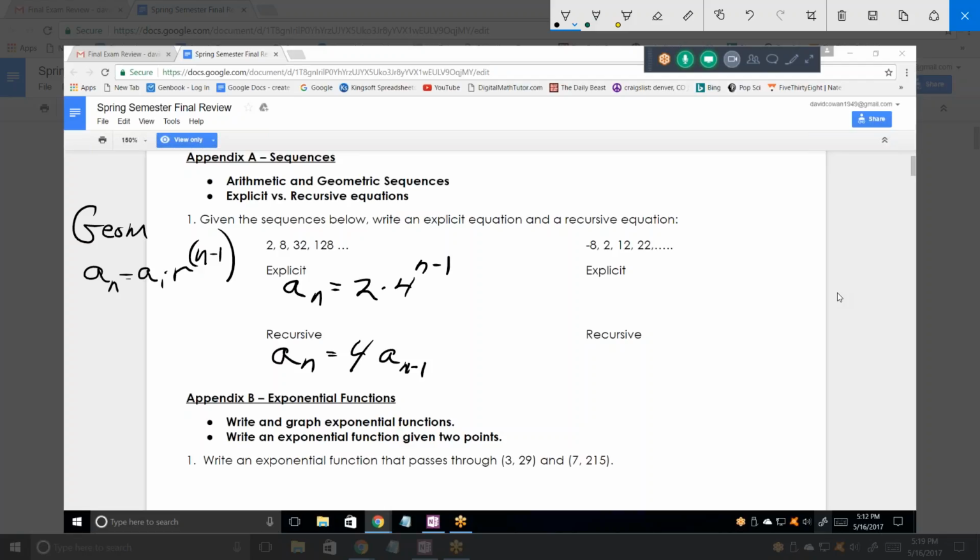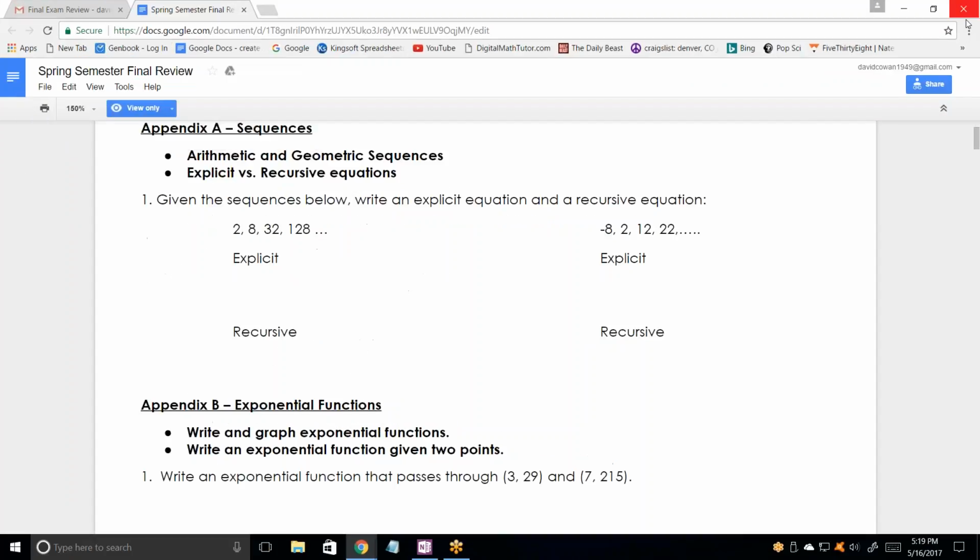There are some places in higher mathematics where the recursive formula tends to be used. Really higher mathematics though. I'm not sure exactly why they even teach you the recursive formula at this level. It certainly exists, but it's not that useful. All right, let's go on.